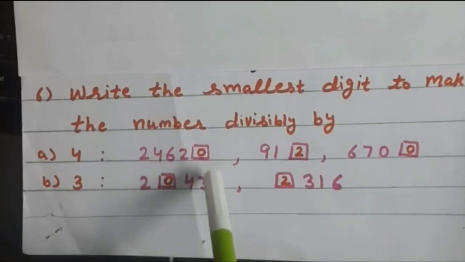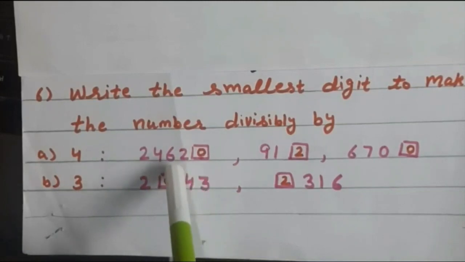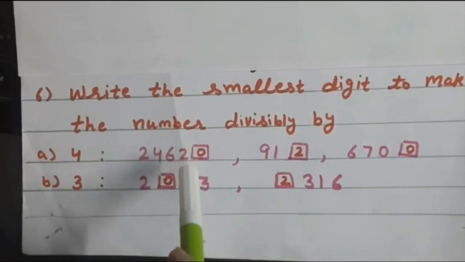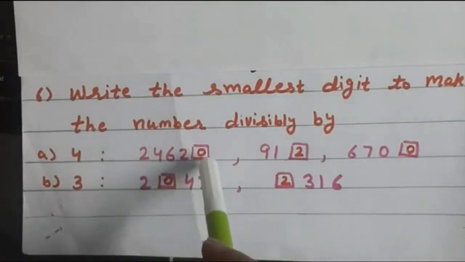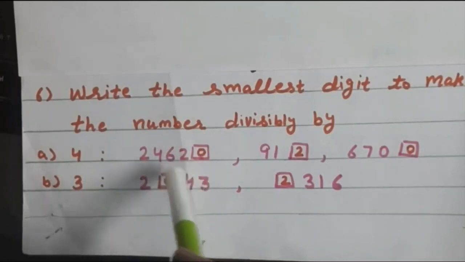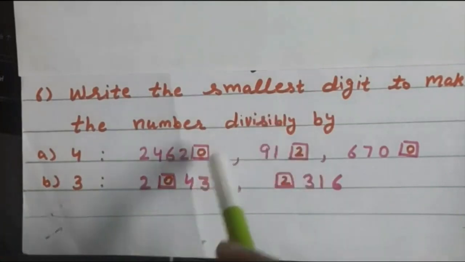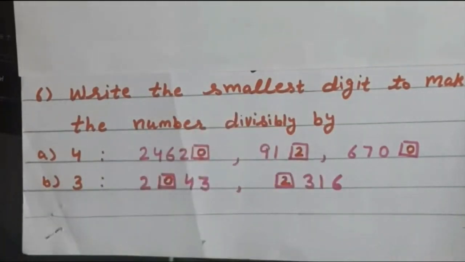Ones place we don't have any number, but tens place is 2. Now, what number should we write at the ones place so that, taken with 2, it will be divisible by 4? We start with 0. 20. Yes, 20 is divisible by 4, so we will write down 0. We have to find the smallest, so we start from 0.